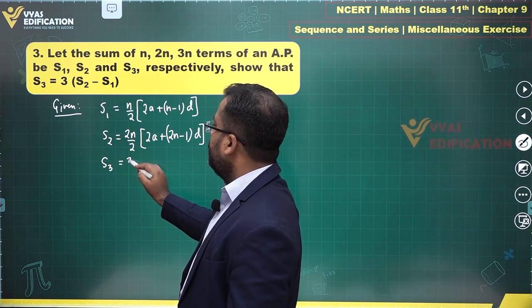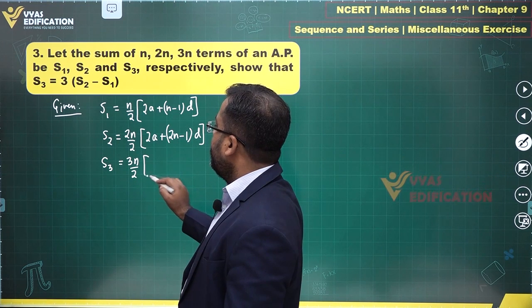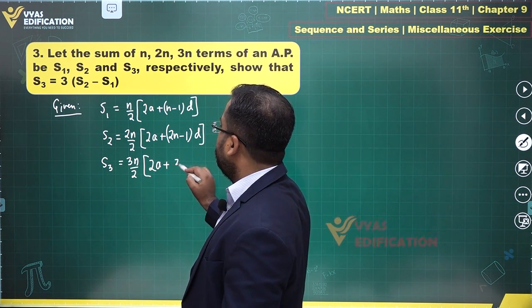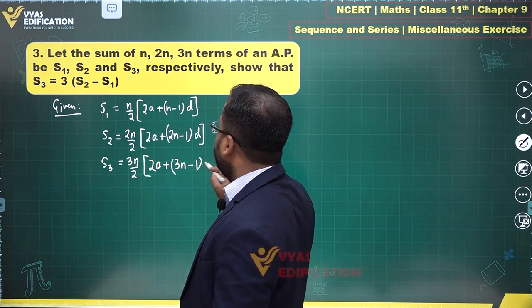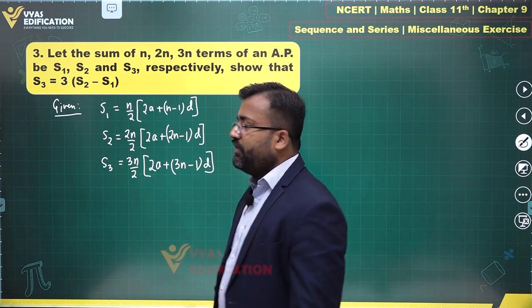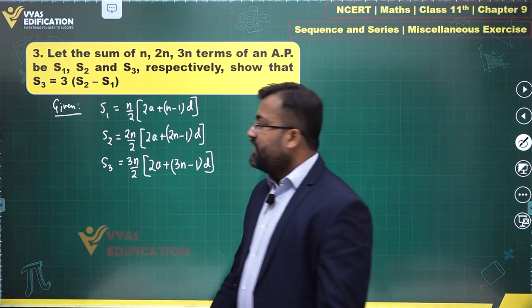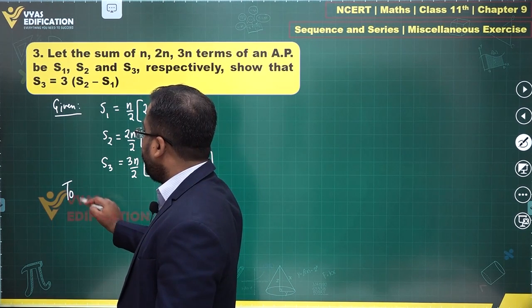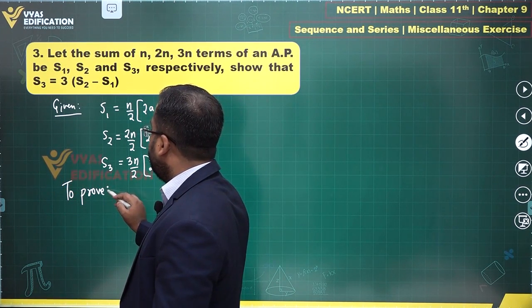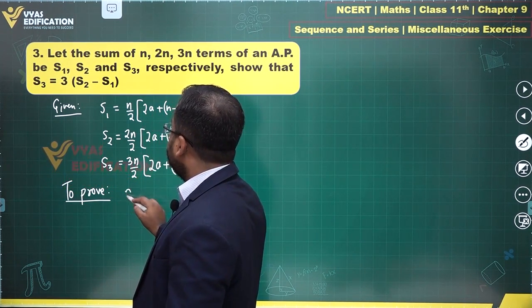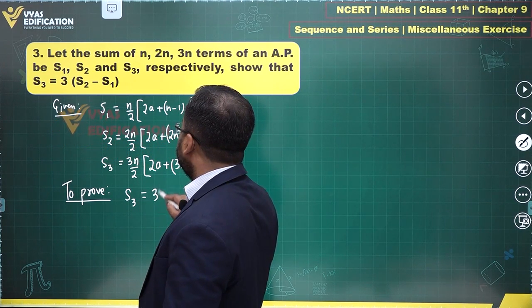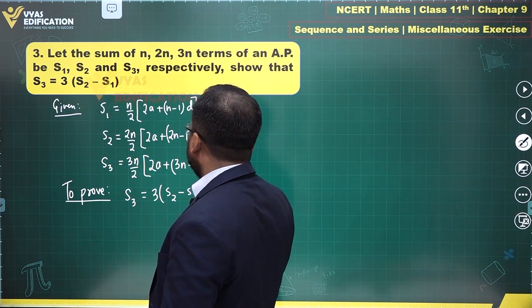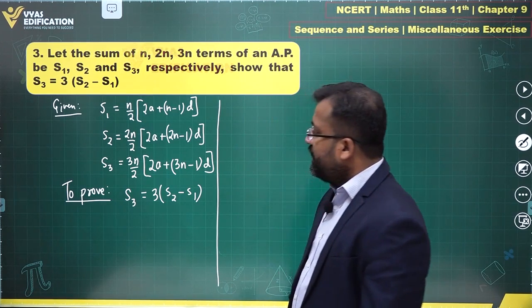S3 is equal to 3n by 2, in the bracket we have 2a plus (3n minus 1) times d. This is what we have. This is given. And we are supposed to prove S3 is equal to 3 times (S2 minus S1). This is what we want to prove.